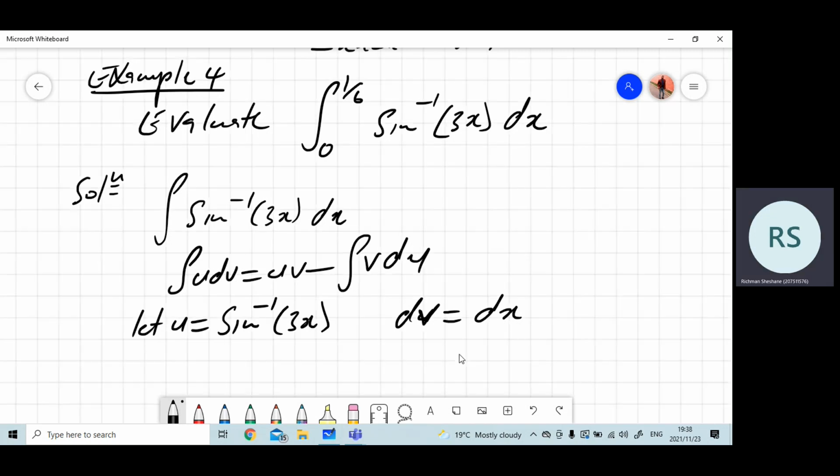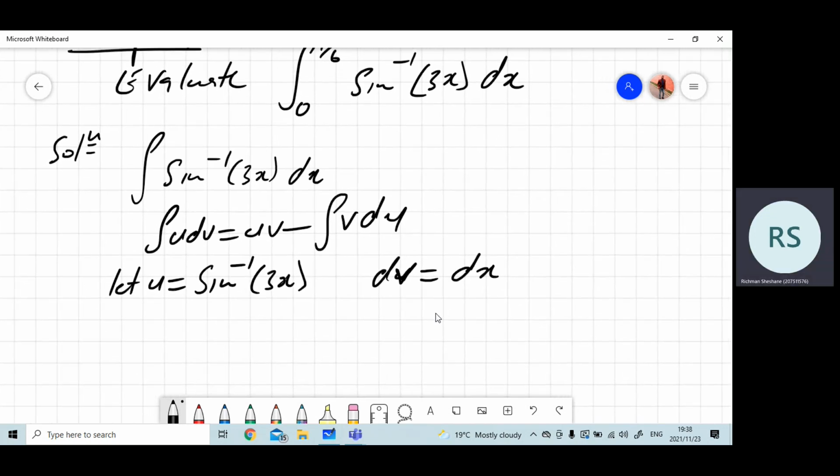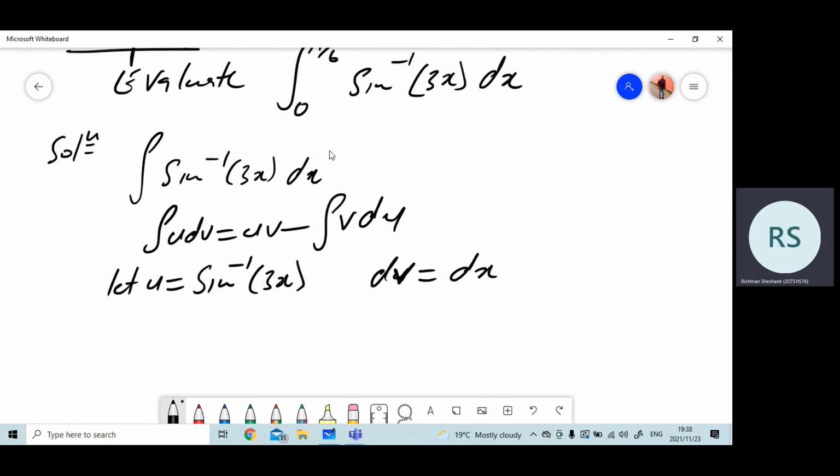From u find du. The derivative of sine inverse of 3x: remember this formula, when you're deriving sine inverse of x, it's 1 over square root of 1 minus x squared.